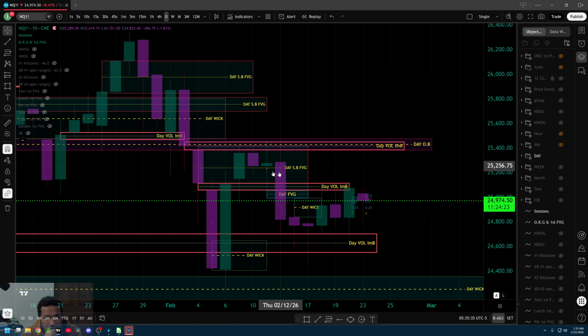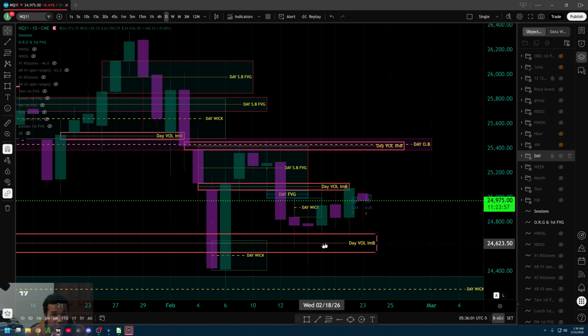Everything has been staying well below the midpoint of that. So this will act as resistance until we power all the way through it. Most likely get a big candle like one of these if it's going to fail and allows it to the upside.